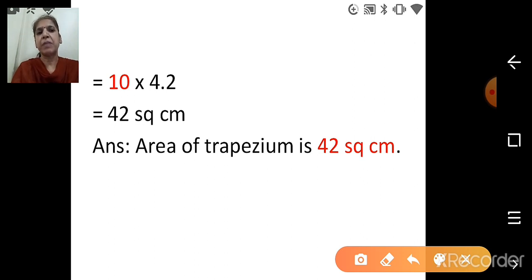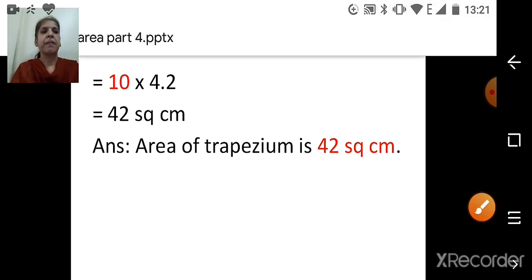Then one decimal place is removed. So the only thing you have to remember is 10 multiplied with 4.2 is 42. And if you are able to do it directly, good. Otherwise, you multiply and check. So the final answer is area of trapezium is 42 square centimeter.